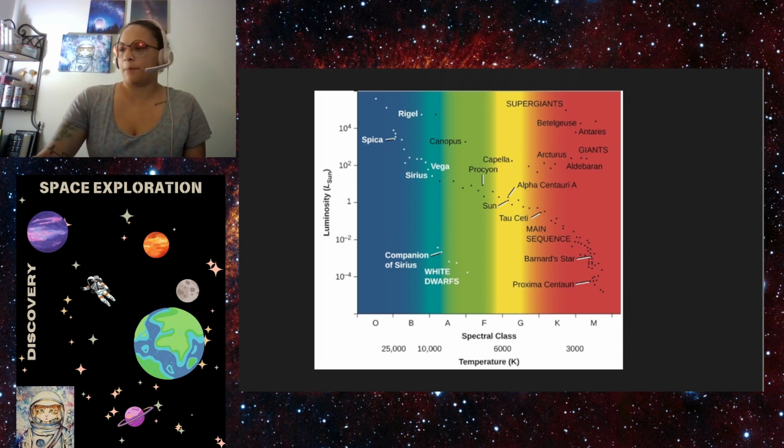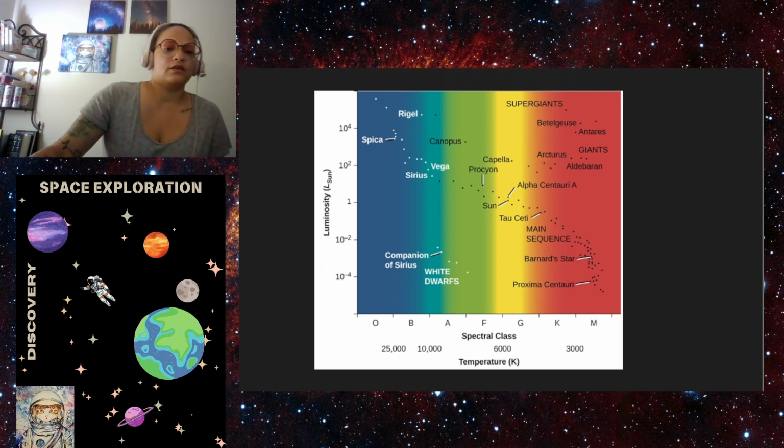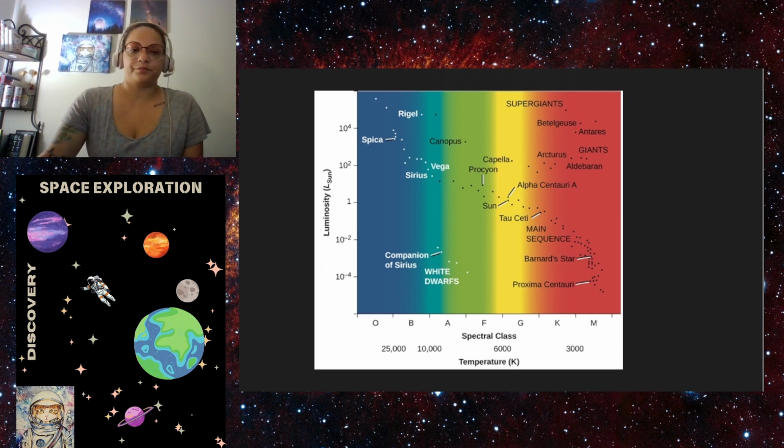And on the bottom, underneath the types I had noted earlier, you can see the temperature. So the sun is right by 6,000, which makes sense because it's actually about 5,800. But as you can see further down where the M is, it's a lot cooler. So it's less than 3,000 Kelvin.